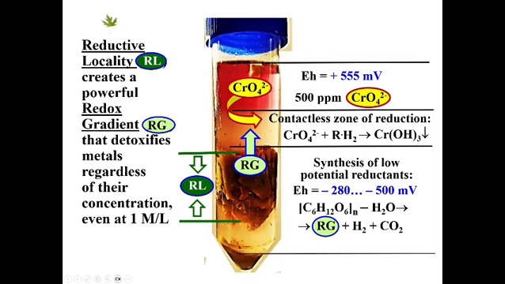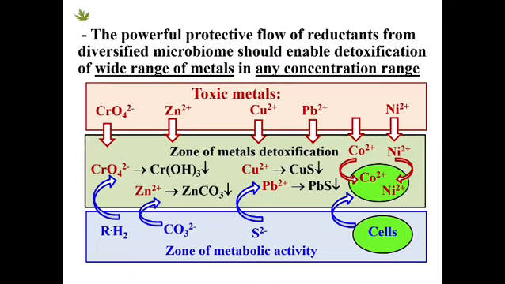So here you can see the representative model of the contactless zone of reduction. In the zone of redox gradient, low potential reductive metabolites are synthesized. And the further step is the fast and effective reduction of toxic high potential chromium compounds without direct contact with microorganisms.